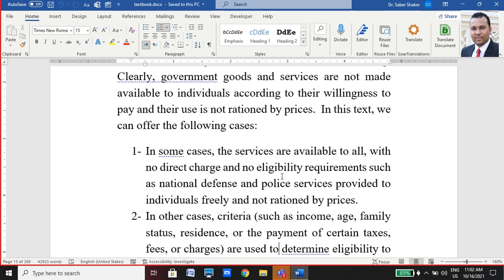So you will not make any direct payment for this benefit. You cannot exclude any resident from benefiting from national defense and police services.